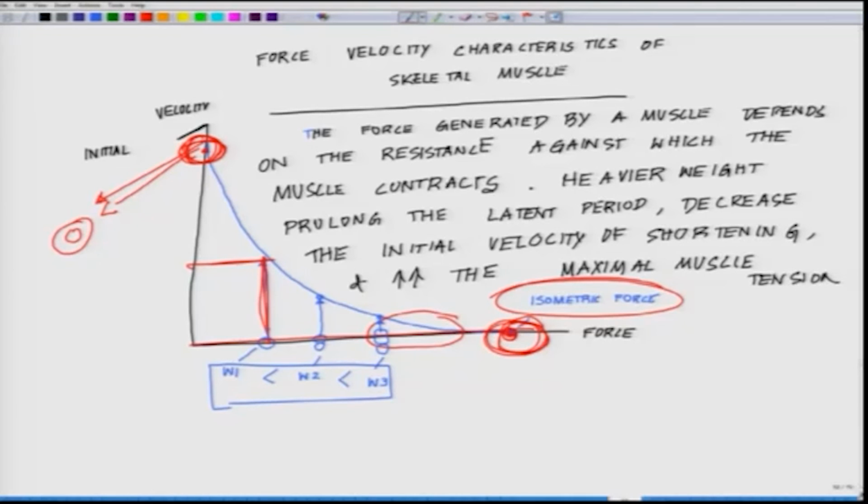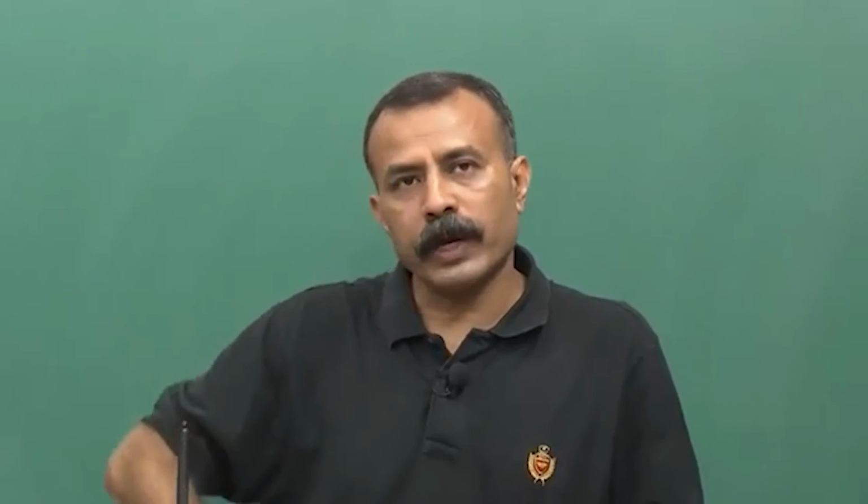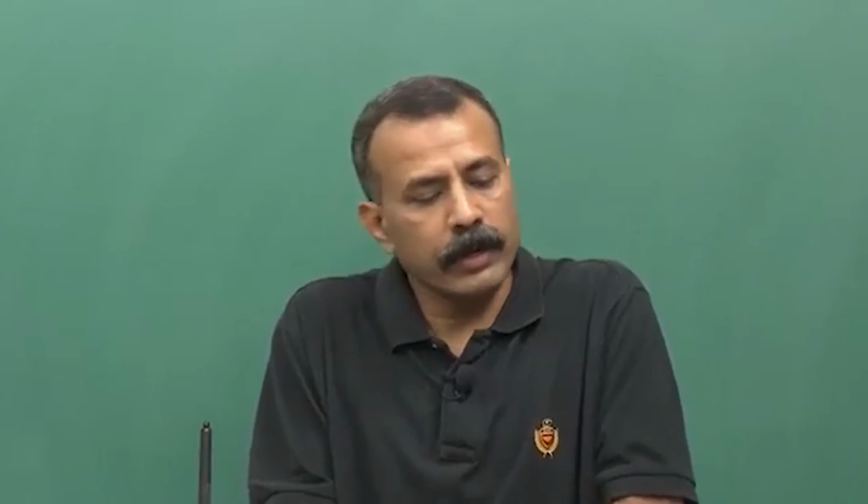Say for example, if you are trying to pick up something very heavy, there won't be any velocity. The muscle will get stretched beyond anything, okay. There you won't find any velocity in that contraction process as compared to something which is very lightweight or almost no weight, okay.